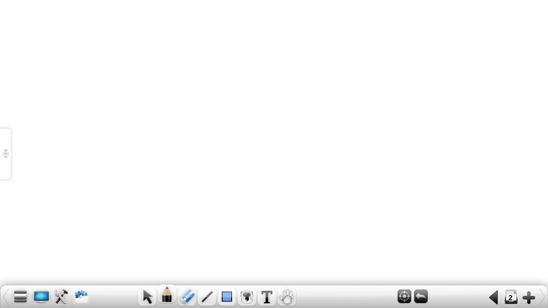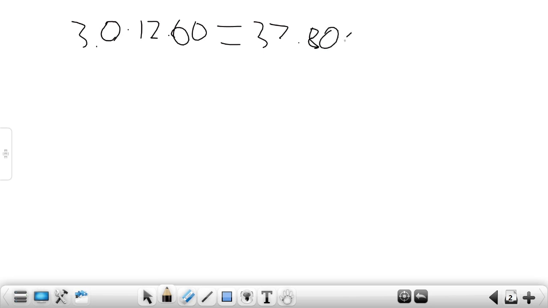So let's say we have 3.0 times, remember we use a dot nowadays, 12.60, which in normal mathematics would equal 37.8000.